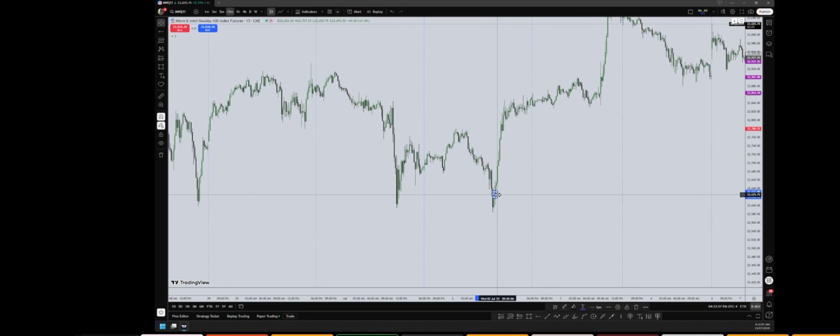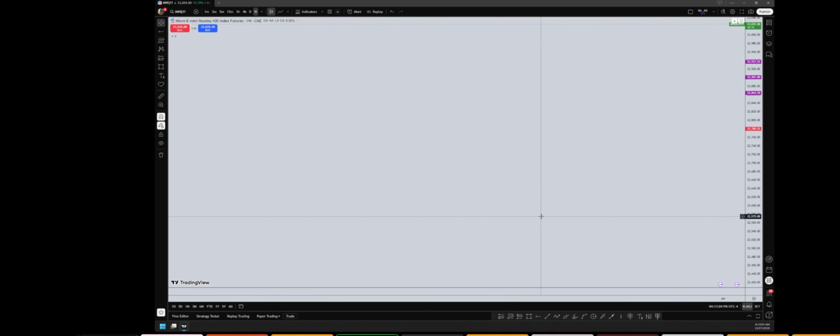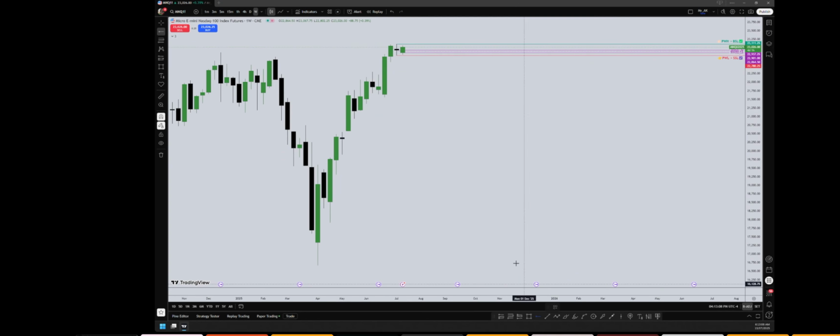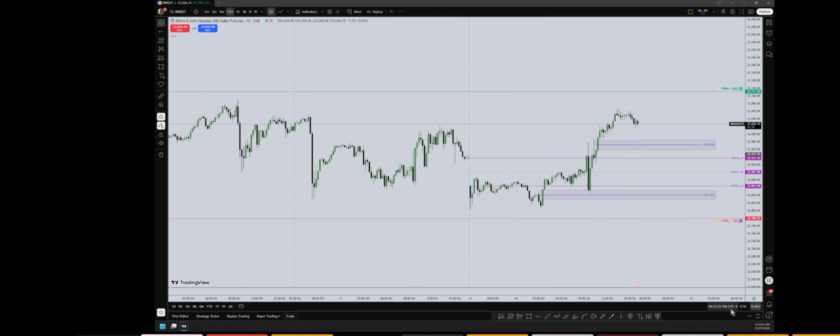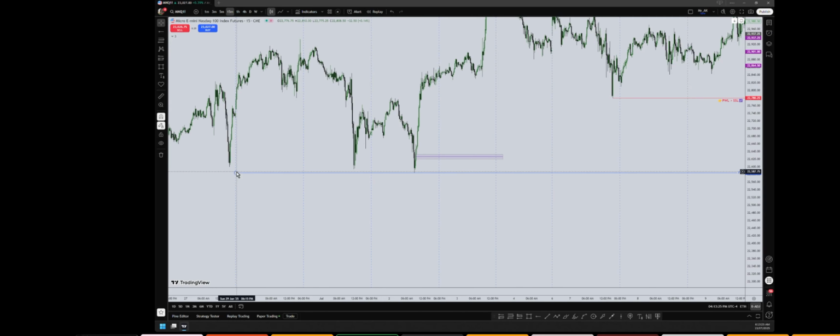If it comes for this one, it should take this low, because that's where the weekly fair value gap is sitting. Let me check. Yeah, so that's where the weekly fair value gap is sitting.